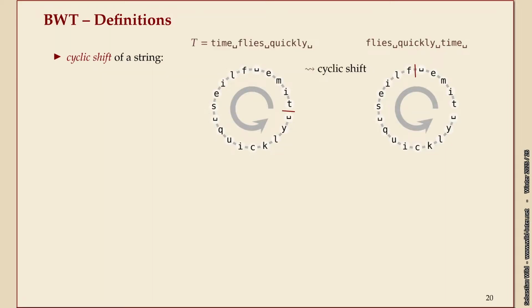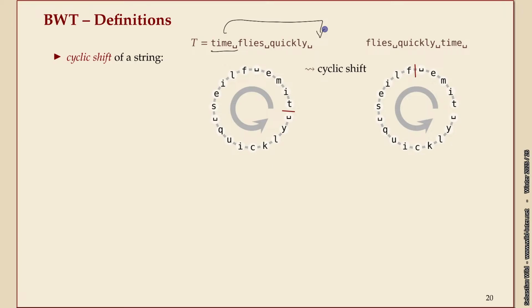In the interest of time, let me move on to the definitions. The first thing we need is a cyclic shift of a text. So here's a text, here's a cyclic shift, where all that has happened is we take a bunch of characters and move them to the end of the string. You can do this with any number of characters.